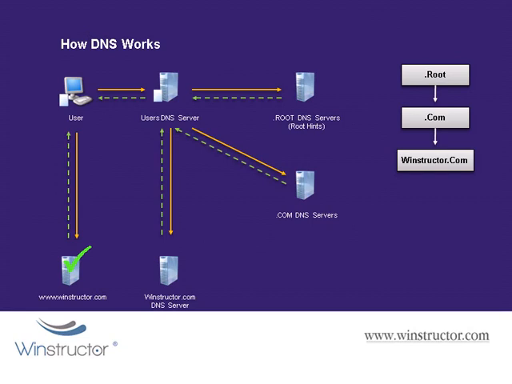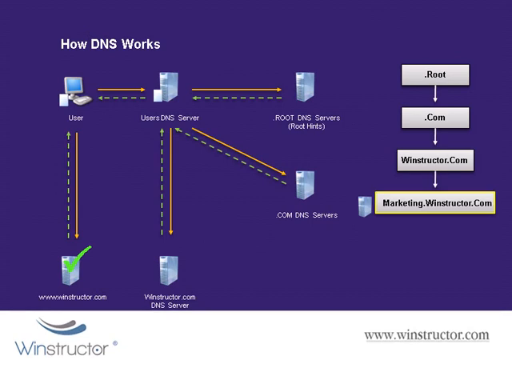But you can use delegation within your own DNS environment. Now, we don't want to give the marketing department complete control over our entire DNS environment, so we're going to need two things to make this delegation work for our marketing department. Firstly, the marketing.winstructor.com domain will need to have its own DNS server.